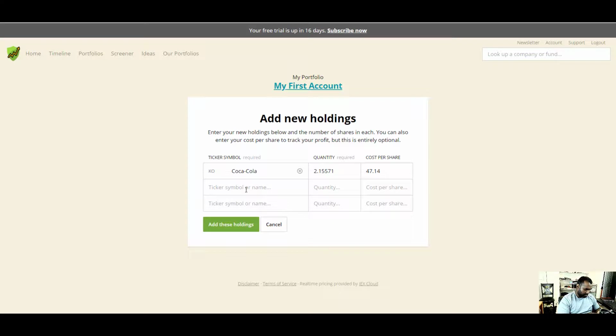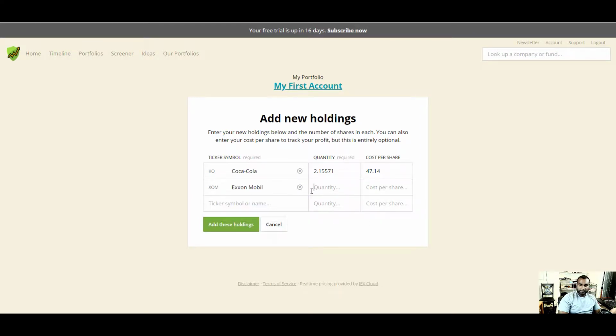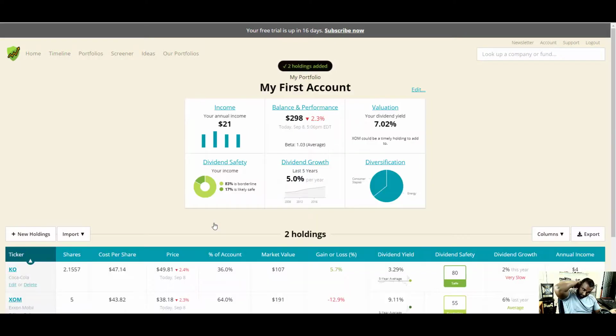Okay, do I have Exxon? Yes, apparently I bought it in my Robinhood. So Exxon here I have 12.5, and average cost was $43.82. All right, add the holdings. Let's look at this.